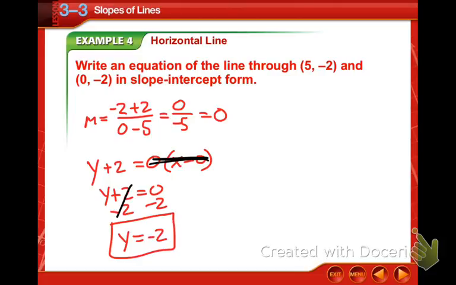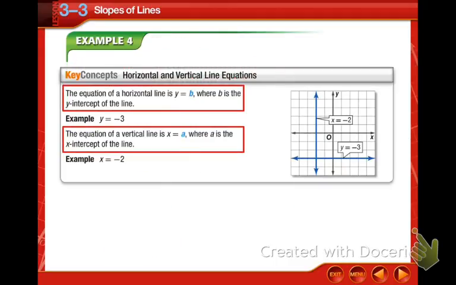That's our equation. So the equation of a horizontal line is y equals b, which is what we just did, and the equation for a vertical line is x equal a, where a is the x-intercept of the line.